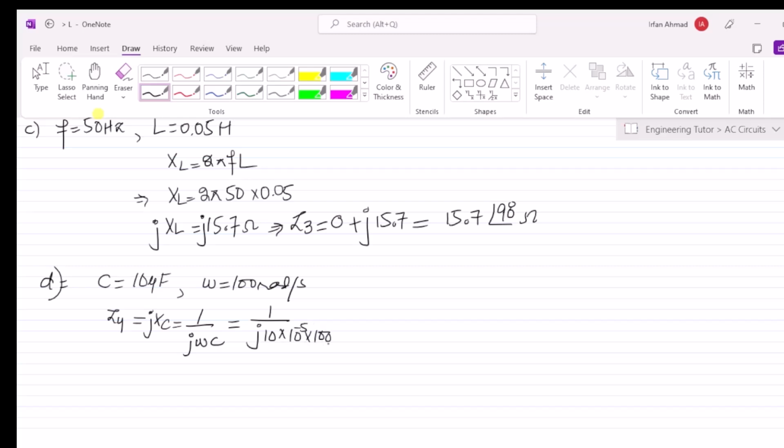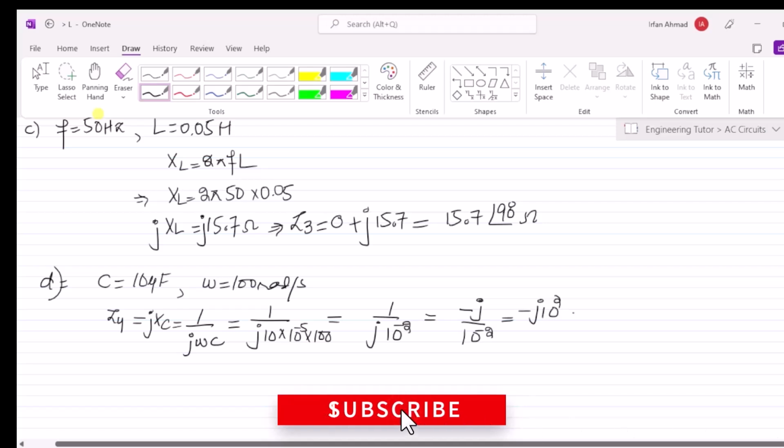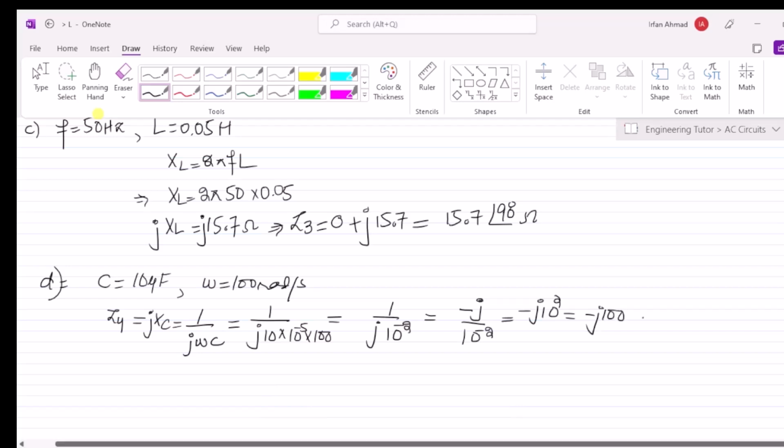Since 100 is 10 raised to power 2, multiplying gives 10 raised to power 3, so here I will get 1 over j into 10 raised to power minus 2, because 10 raised to power 3 plus minus 5 will be minus 2. So I will get minus j divided by 10 raised to power minus 2, or minus j 10 raised to power 2, which is minus j 100 ohm.